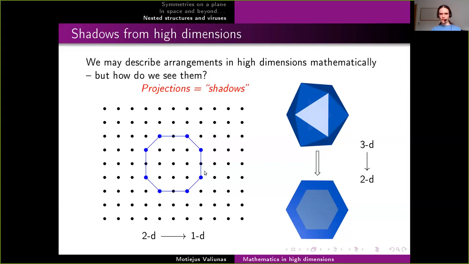Now suppose we have a line, a 1-dimensional thing, going here in the middle, and we want to show what happens when we go from 2 dimensions to 1 dimension. What the projection does is take every blue point and move it to the red point on this line that is closest to it.